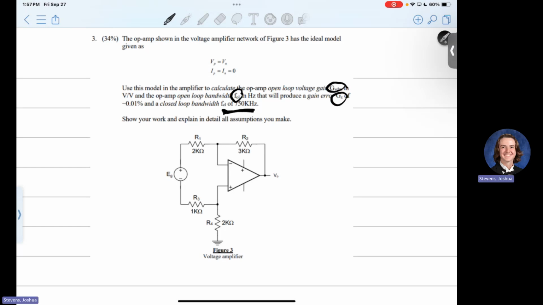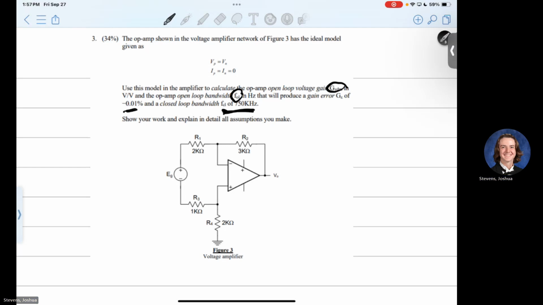That's given. The gain error is also given. We only need to solve two things. Never mind my first statement. It is given, but with the two givens, the GVD, I'm sorry, the gain error, we will be able to find the two other things.